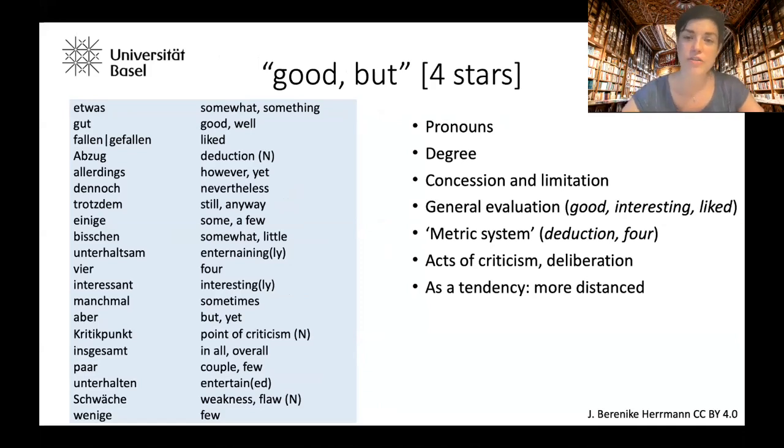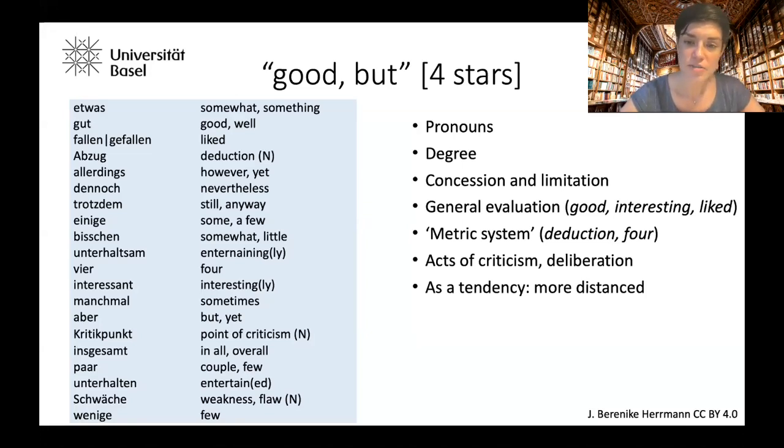You have a lot of lexis used for referring to the degree of something. You have a lot of concession and limitation. You have general, fairly good words, so the meaning of the words points to a fairly good evaluation. It's not enthusiastic, but it's good, interesting, and I liked, and so on.